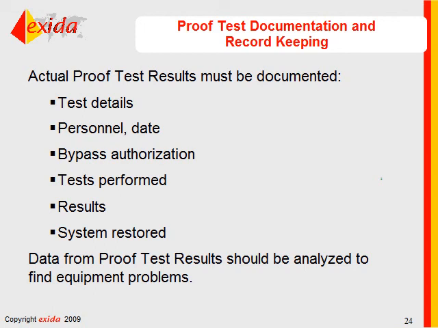However, if you perform just a full stroke on a block valve, then typical proof test coverage suggests that you can claim something in the order of 75%.